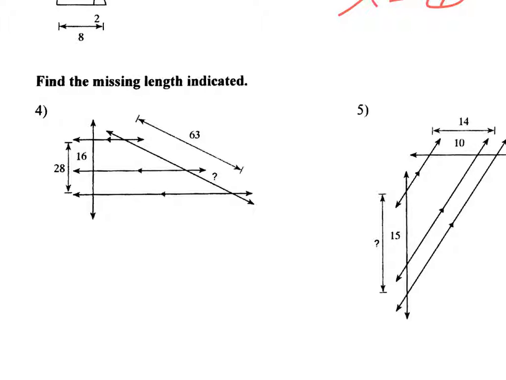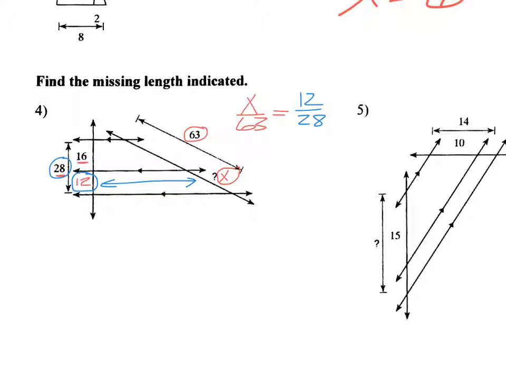If this whole thing right here is 28, that part's 16, and I know this part is 12 because 12 plus 16 gives me 28. I'm looking for this. So in this case, I'm going to use part over whole. So x over 63 equals part. The part I have to use down here is the 12. Why? Because it goes with the x over the whole, which is 28. So 12 over 28. Even though they gave us the 16, we had to find the 12.